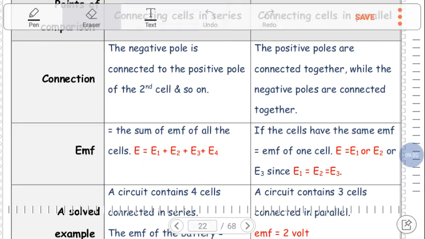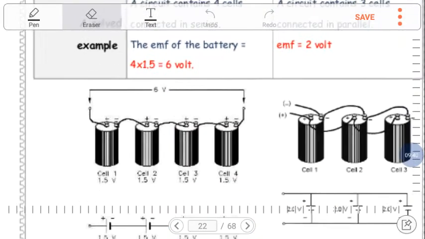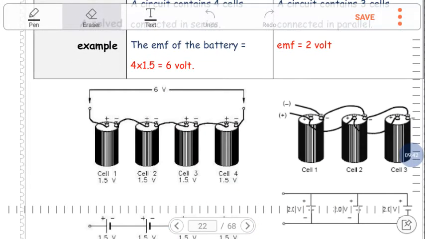And when the connection is parallel, the cells have the same electromotive force as one cell. So if the first cell is 1.5 and the second 1.5 and the third 1.5, and the connection is parallel, the electromotive force of the whole circuit is 1.5.